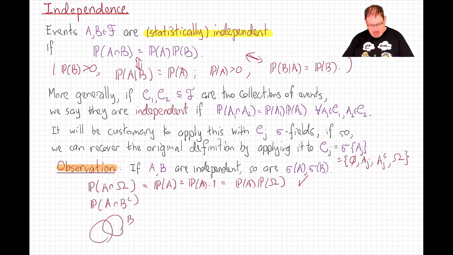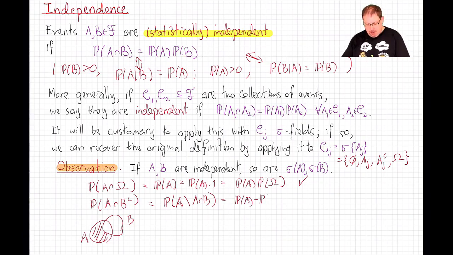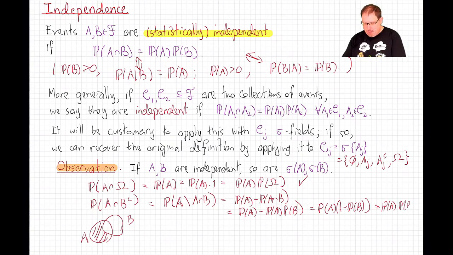If this is B and this is A, then A intersect B complement is this over here, which is the same thing as A minus the intersection of A and B. So that's the same as the probability of A minus A intersect B. And so since P is finitely additive, this is the same as the probability of A minus the probability of A intersect B. Our assumption is that A and B are independent as events, and so the probability of A intersect B is the probability of A times the probability of B. And so this factors as the probability of A times 1 minus the probability of B, which is the same thing as the probability of A times the probability of B complement. And therefore, if A and B are independent, so are A and B complement.